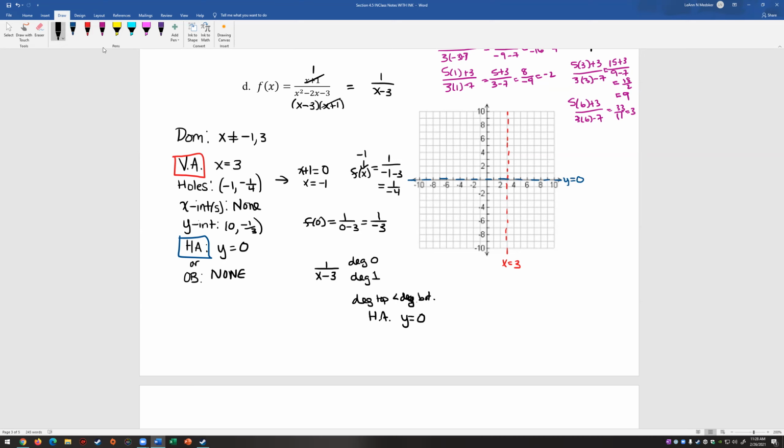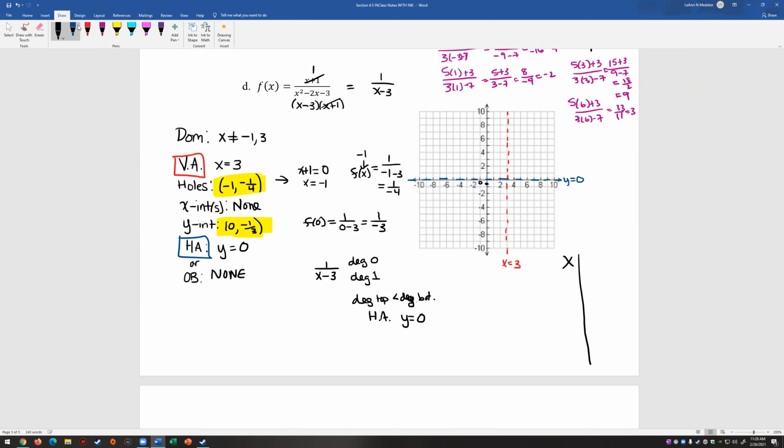And then we're going to plot some of the points we know. This is a hole, so we'll do an open circle, and this is an actual point. So at -1, -1/4, we're going to put that open circle. At 0, -1/3, we're going to put a point there. And that's all we have for points that we know so far.